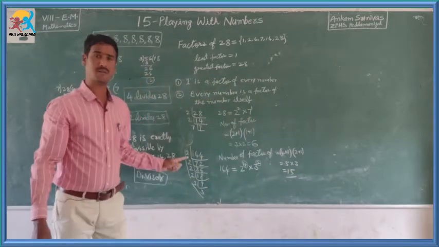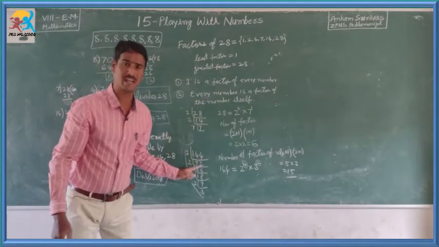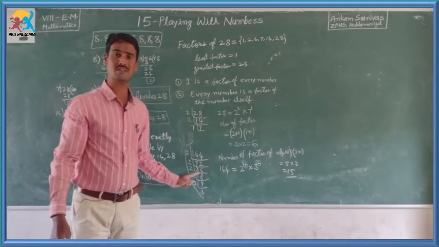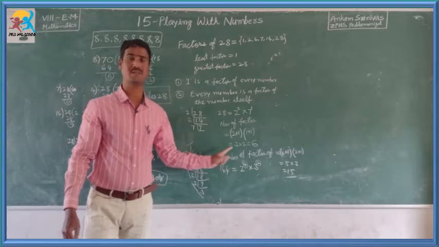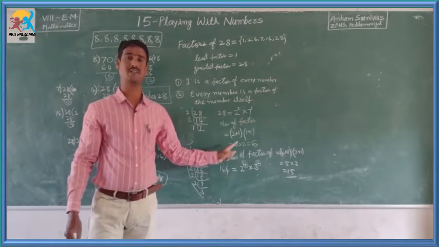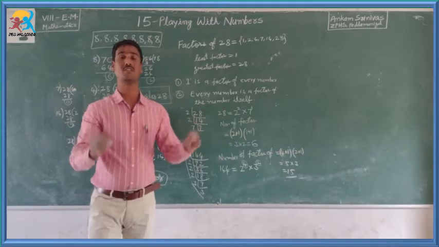So the number 144 has 15 factors. Using this prime factorization method, you can find the number of factors of a given number without finding the factors.